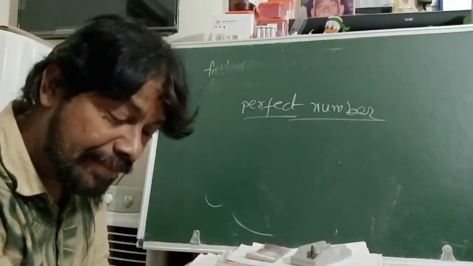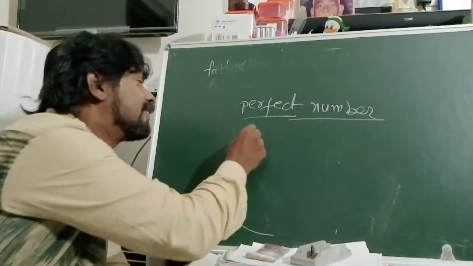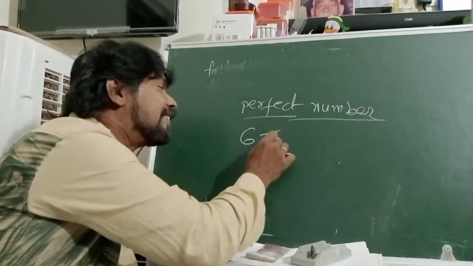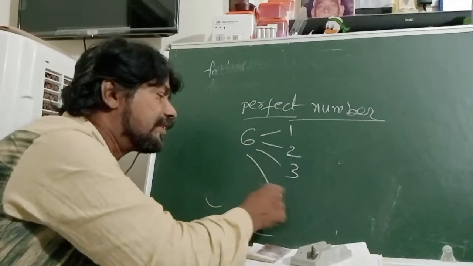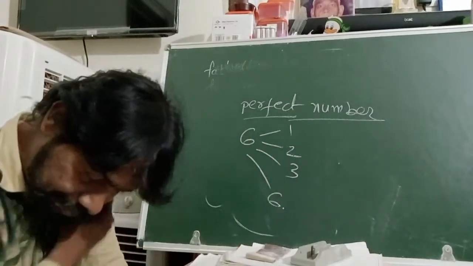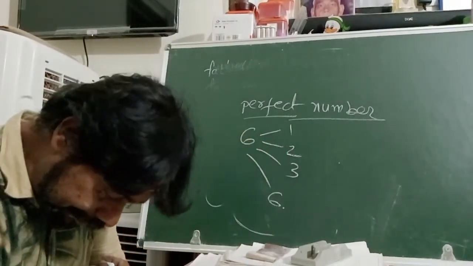Suppose if you take the example of 6. The factors of 6 are 1, 2, 3, 6.